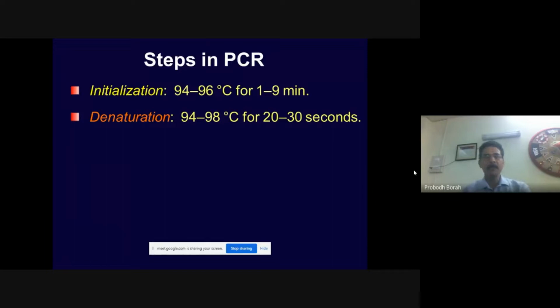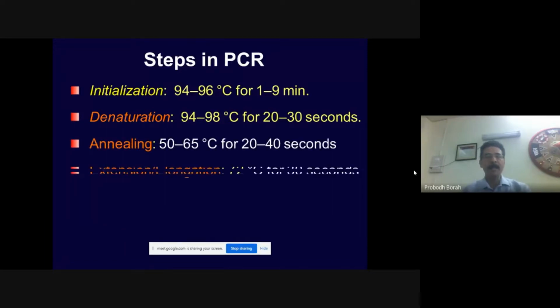Out of them, the first step is denaturation, second step is annealing, and the third step is extension or elongation. These steps are followed for a definite time period at a definite temperature, repeatedly in a variable number of cycles from 25 to 35 cycles.